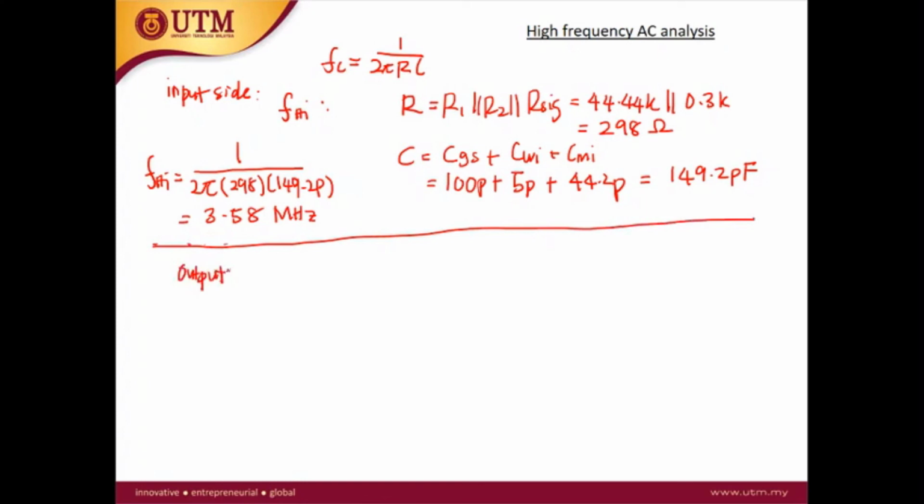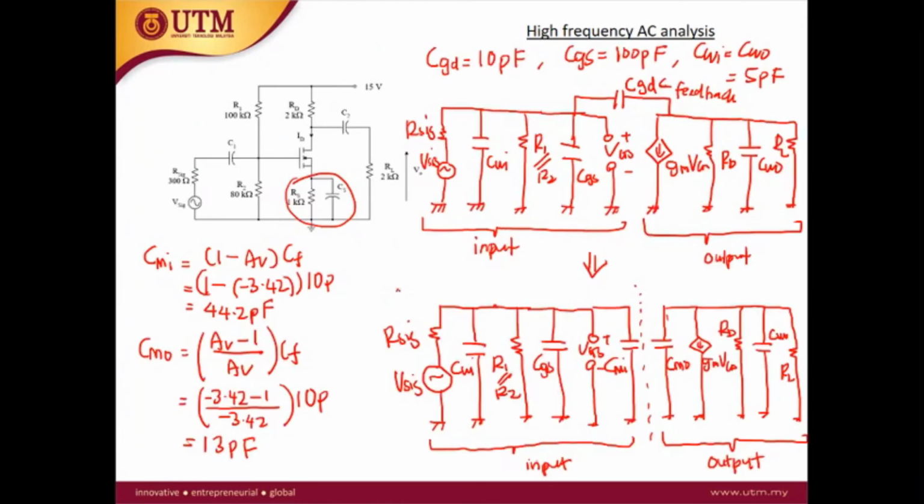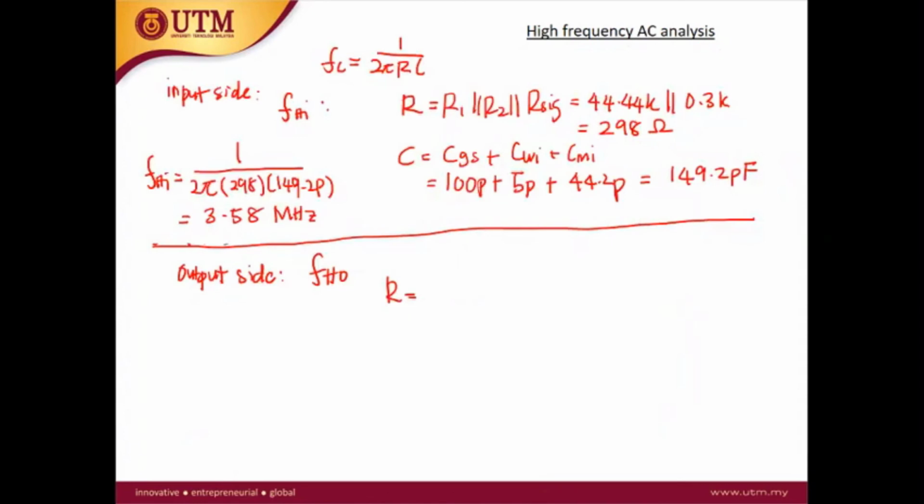For the output side, FHO, the resistance is the combination of the RD and RL only. So RD parallel with RL is 2K parallel with 2K, equal to 1K.